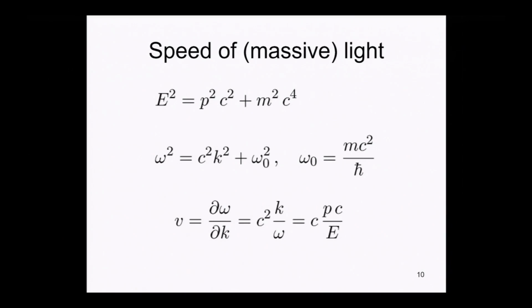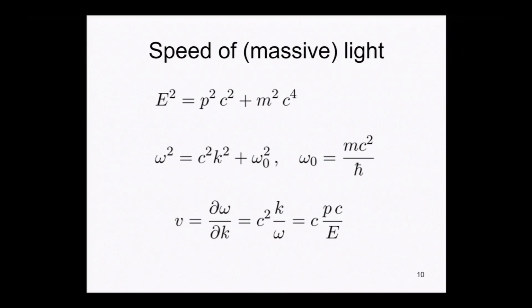We are going a bit forward because maybe some of you haven't seen this before, but if you just believe what I have said, you can divide everything in the first formula, the special relativity formula, by h bar squared. Then you will arrive at the second formula, which is omega squared equals c squared k squared plus omega 0 squared.